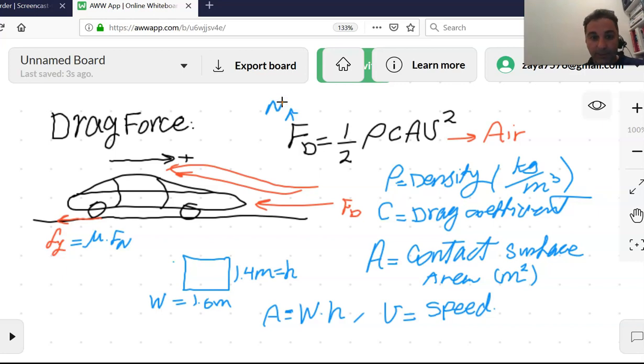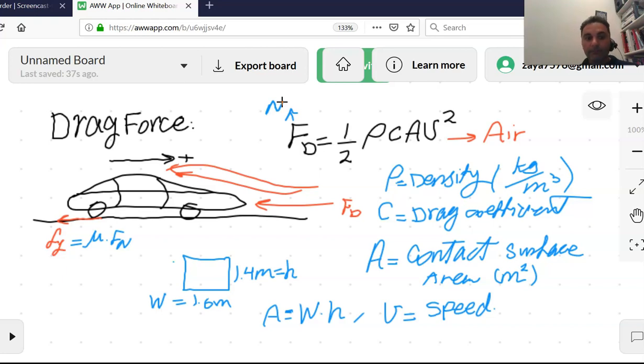It is an important topic. So when a car goes on the highway, or when an object falls from a very high height, or a skydiver drops himself from an airplane and is doing free fall, or when rain droplets fall after they get released from the cloud, they are affected by drag force.